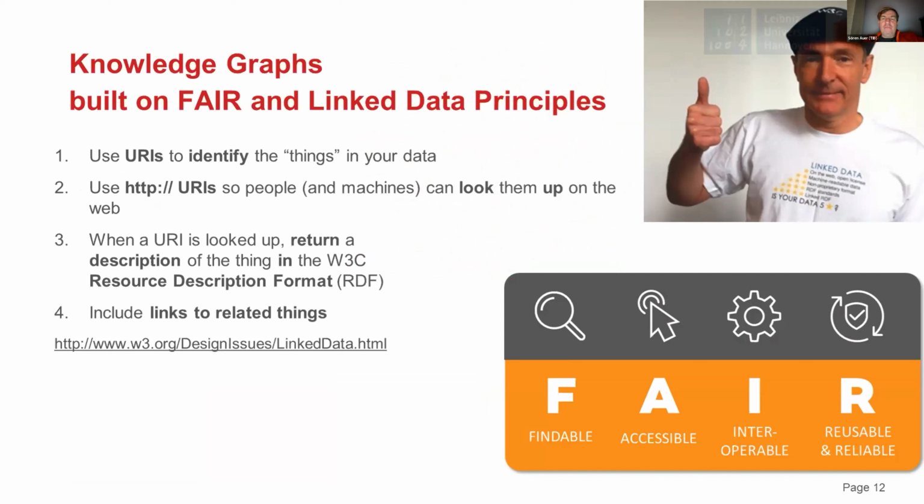FAIR stands for making data findable, accessible, interoperable, and reusable. And that's often applied to research data, but we think it also needs to be applied to publications, to the PDF documents, basically. And the linked data principles are a perfect foundation for doing so.